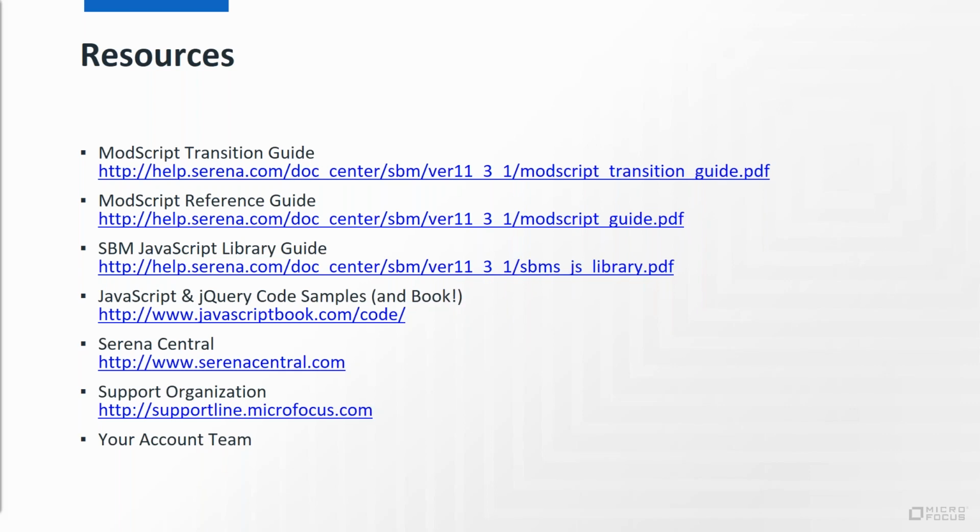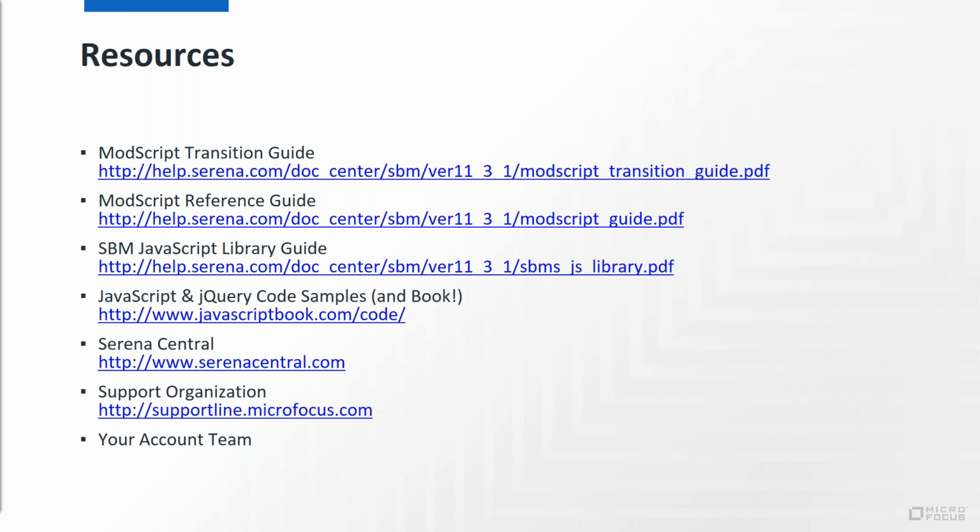And it starts out very basic, but then it goes into a lot of good technical depths, and they also provide code samples for the different chapters in the book. So I would highly encourage you to take a look at that book if you're just starting out with JavaScript, but you could also look at the code samples, javascriptbook.com/code, and they also have some different generic code samples that you can utilize maybe to give you some different ideas of what you can do.